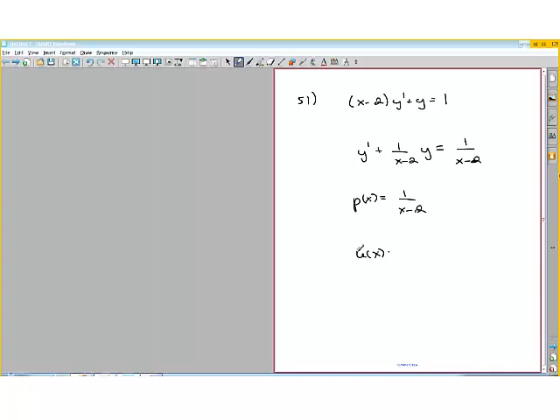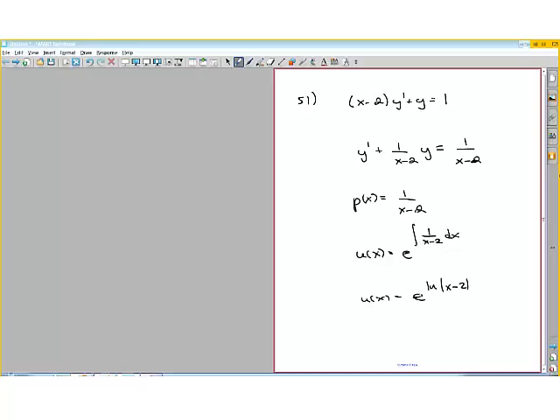So the integrating factor is e to the integral of p of x dx. That's going to be equal to e to the natural log of the absolute value of x minus 2. Because if you let u equal x minus 2, du is equal to dx.